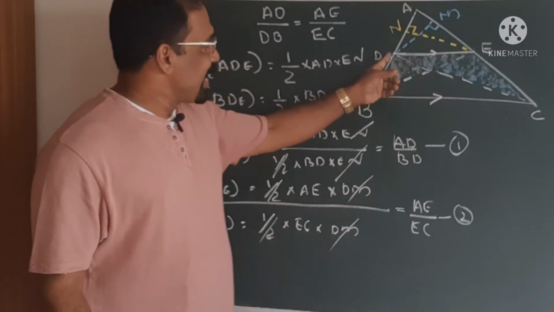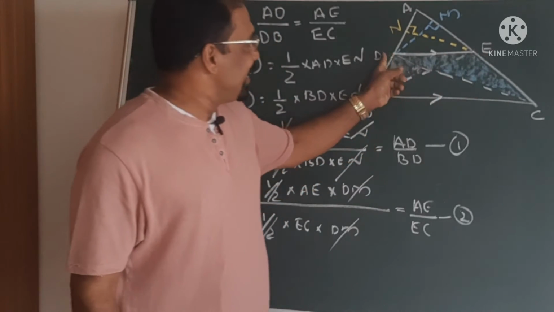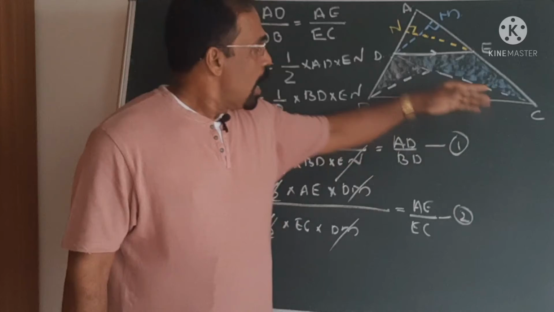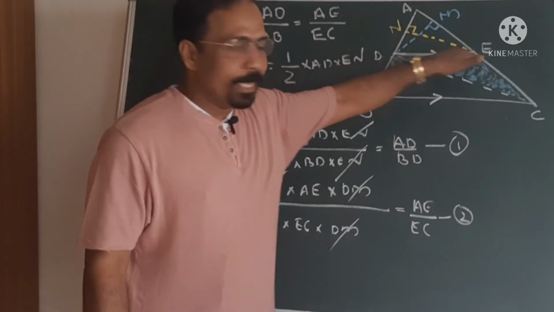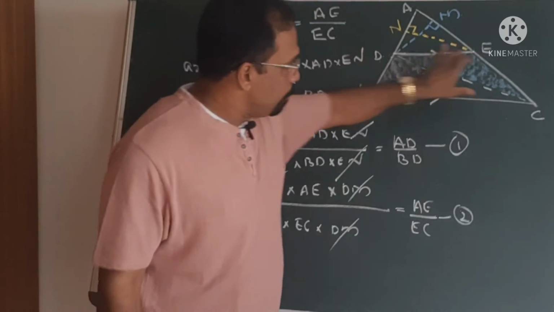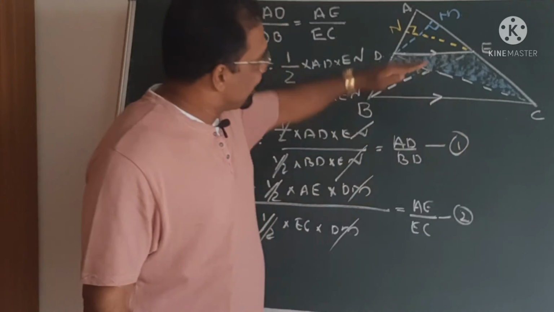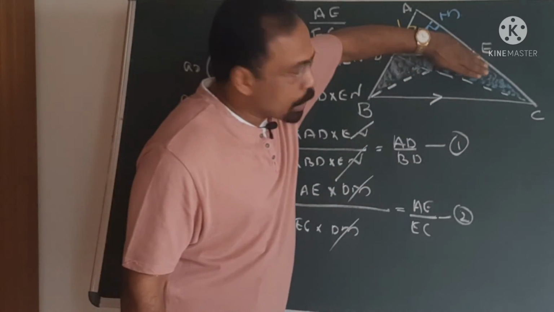Now this triangle BDE and triangle DEC are on the same base and between two parallel lines, that is DE and BC. Therefore this area is equal to this area.